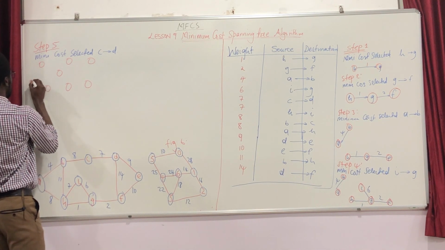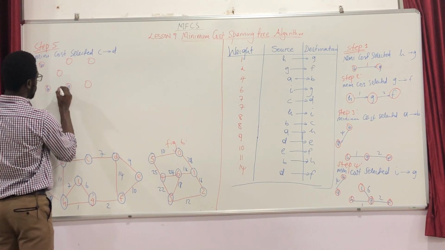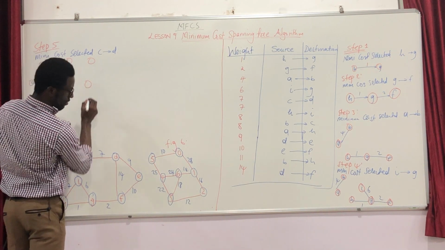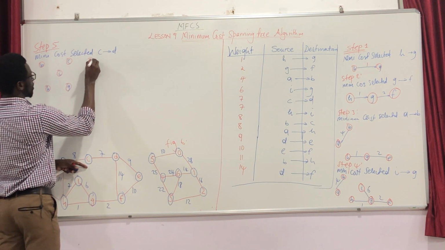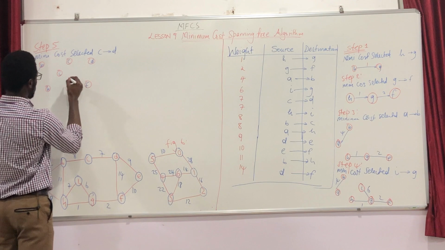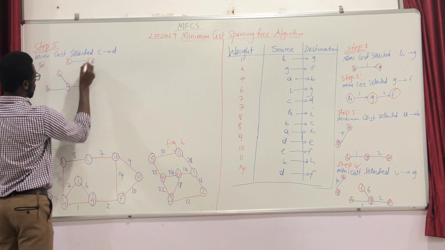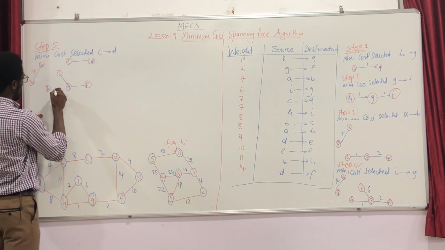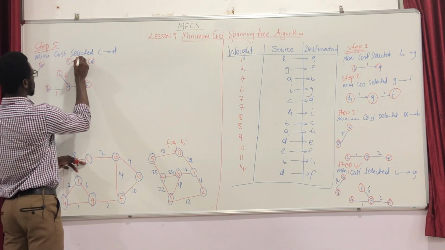We have here A, B, H, G. This is I. This is F. This is C. And this is D. So now we join our nodes. This one join. And this join. This. C to D. So now the weights, here is 4, here is 1, here is 2, here is 6. C to D, the weight is 7.